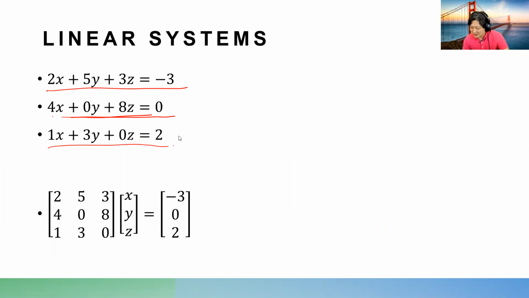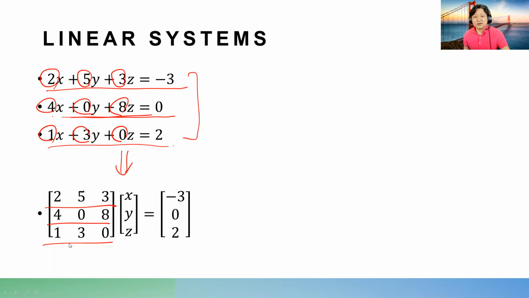So these three regression lines can be expressed like this: 2, 5, 3, and 4, 0, 8, 1, 3, 0 is right here. So we can make a matrix here. And then X, Y, Z is a column vector. Okay. And then now we will get this result.